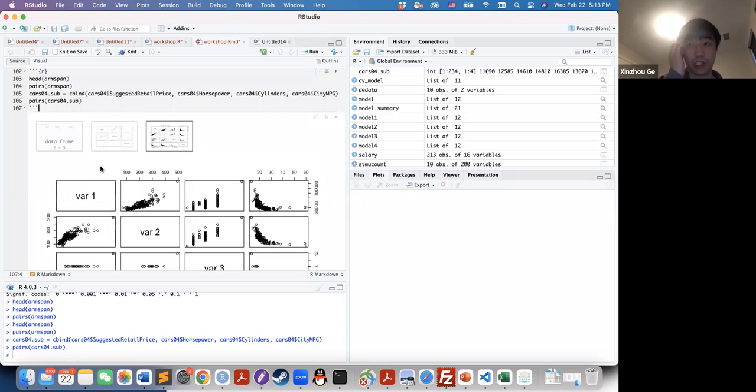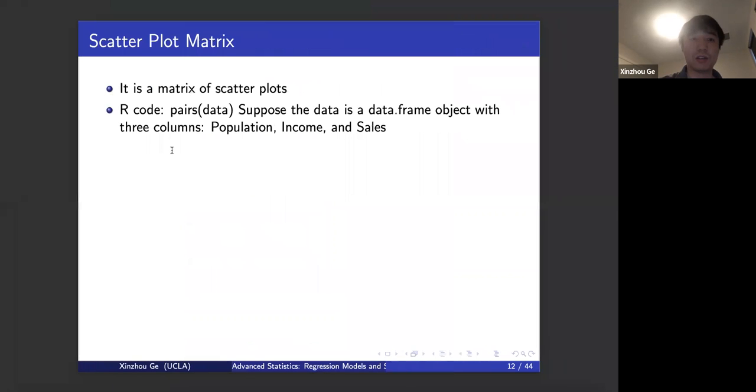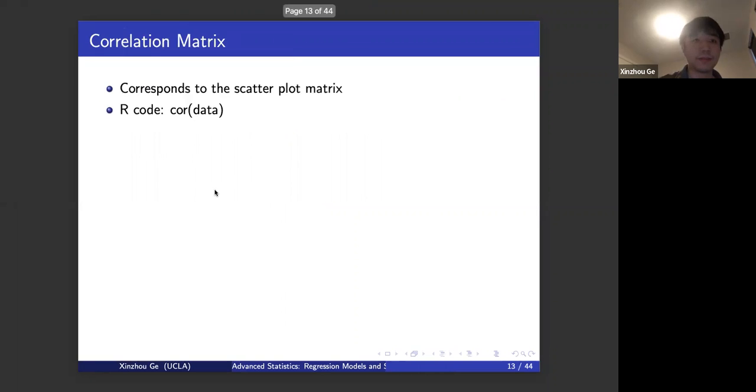So this is how we generate a scatter plot, and we can also look at the pairwise correlations. And this may be something more numerical. You can use the function called cor to calculate the pairwise correlations. High correlation means that the two variables are highly linearly correlated.